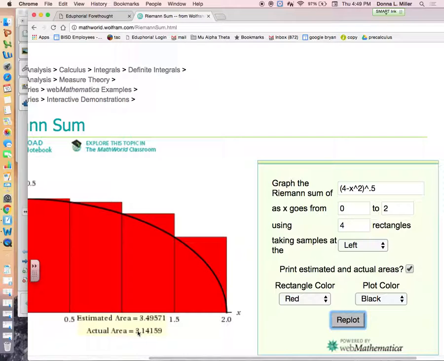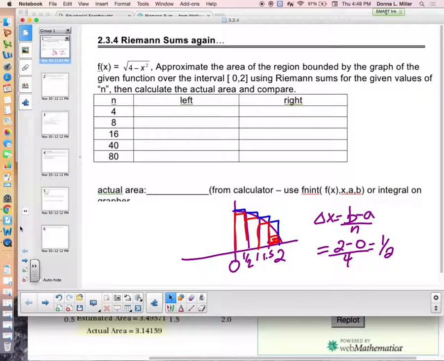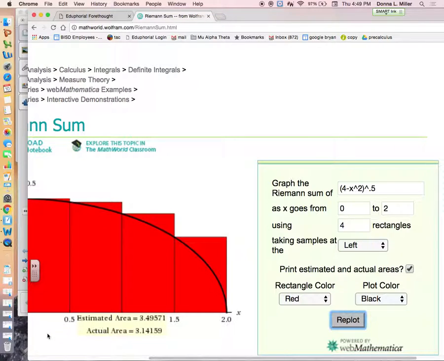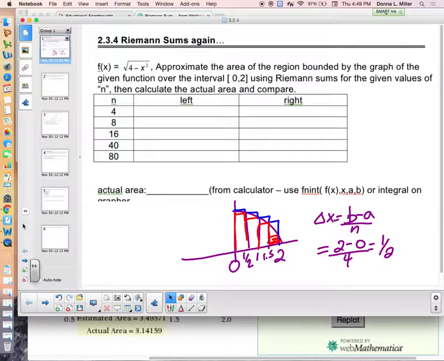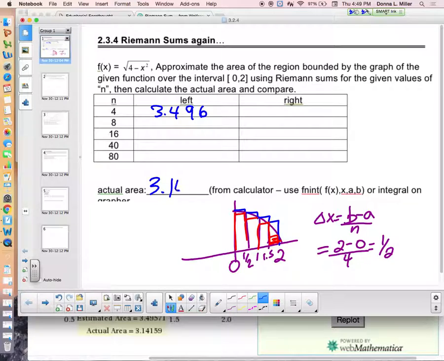I'm going to write these numbers down. 3.496, actual area 3.142. And we're going to talk about how to find it on a calculator today.